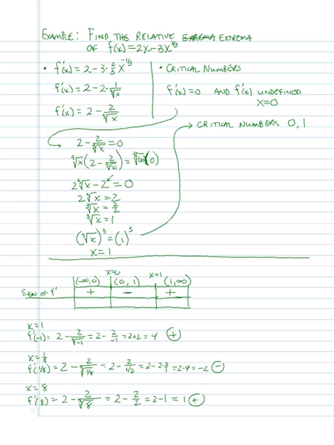Now, here's the graph of the derivative of f. Here we know we're increasing, so it's going up. And then here we know we're decreasing, so it's going down. Well, if it goes up and then goes down, it means at this x value of 0, we have a relative maximum, don't we?